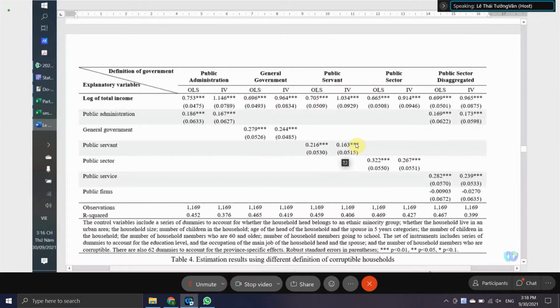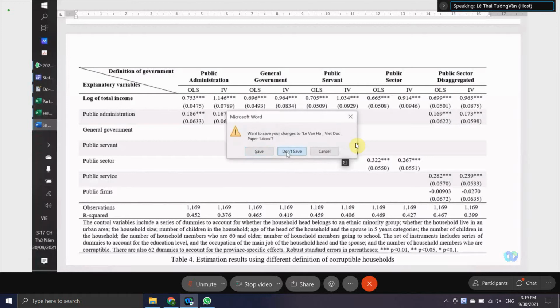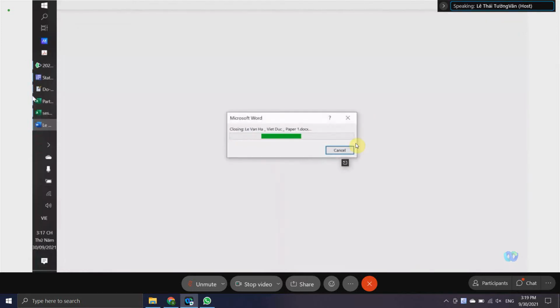Each time you run the model, you indicate to Stata the variables that you want the coefficient to be included, and with that, you would have your beautifully looking table. So this is the important thing to create your empirical results. I would draw attention to this handy command.